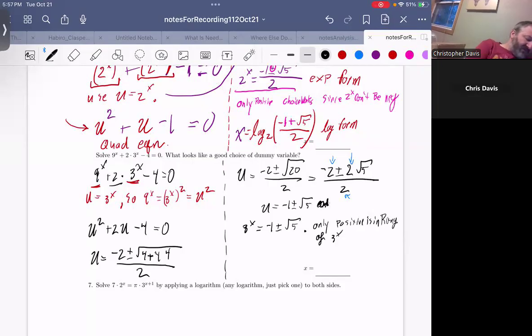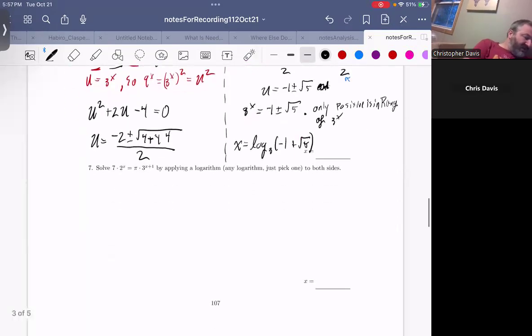Only the positive choice, though, is in the range of 3 to the x, because 3 to the x has to be positive. So I'm getting x equals log base 3 of negative 1 plus root 5. And if you've got the time, I'd encourage you to go through and read that off from a graph too.